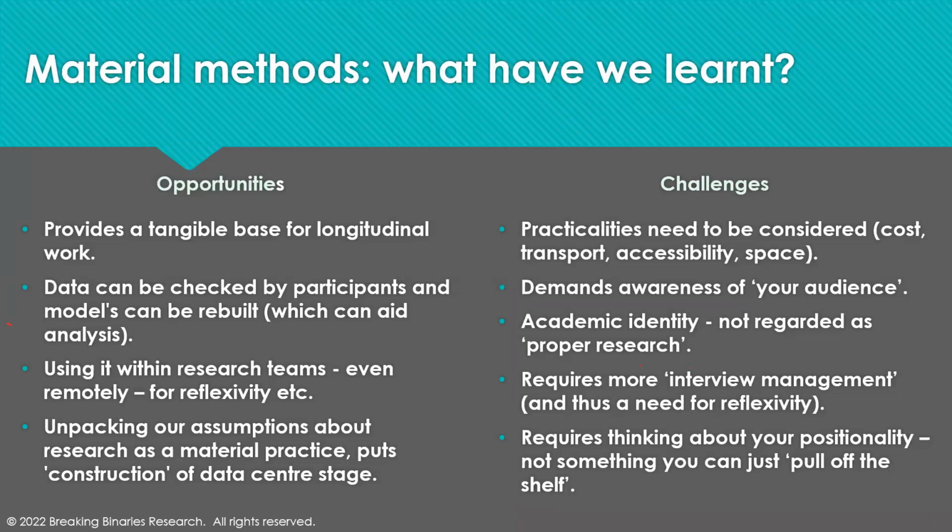Again, it's something that you can use in your research teams, and there's been a lot of talk around inclusion and diversity and how you make research more inclusive. There's been talk about reflexivity.